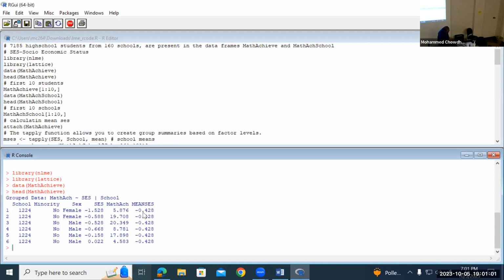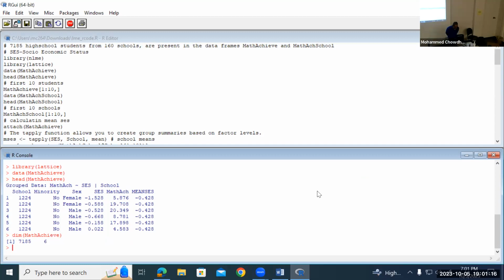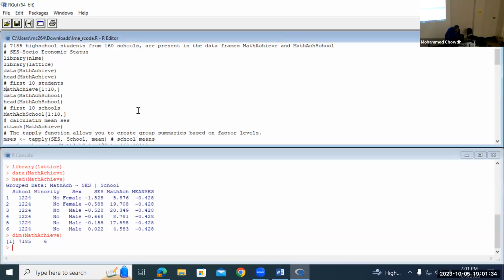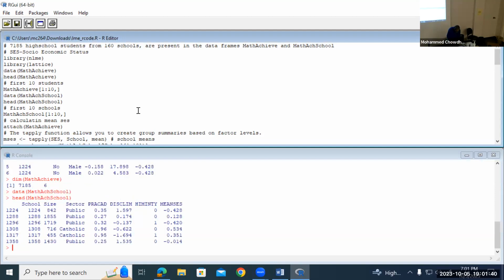If I take a look at the dimension of this data, math, it is 7185. But this is the school data. Another one is this; this is another data.